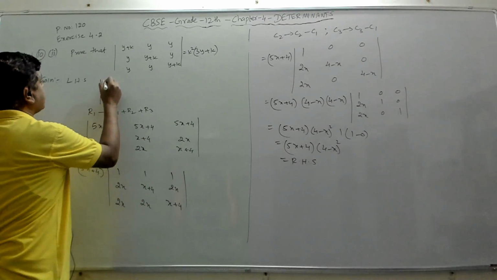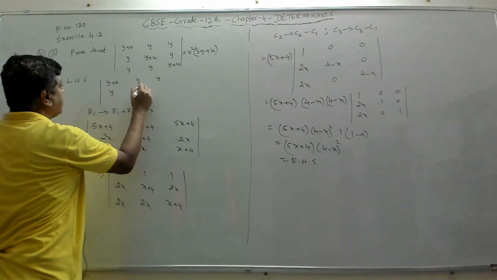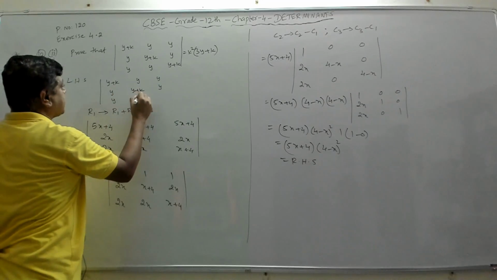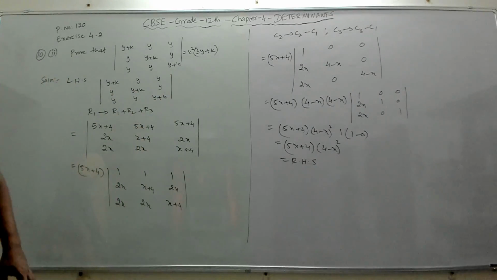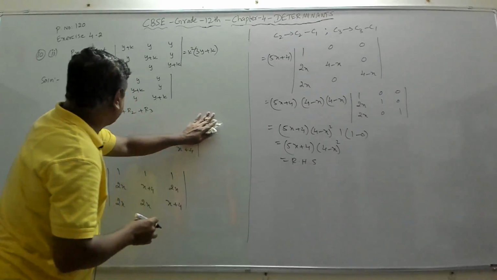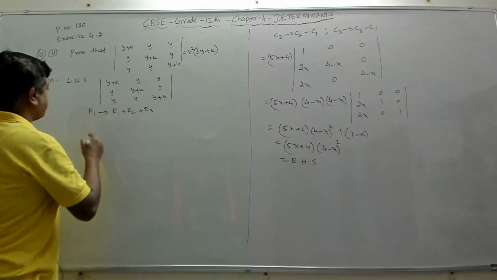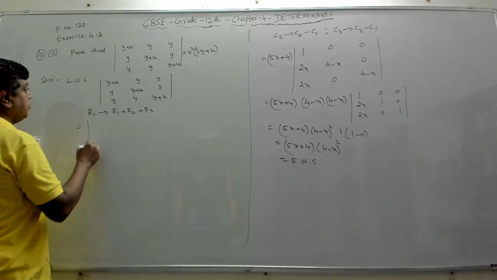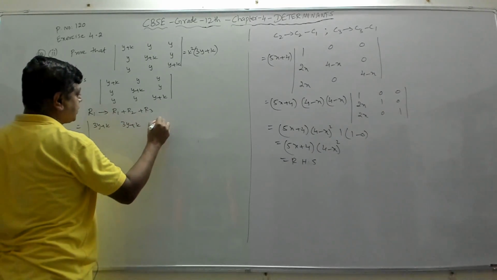So I am writing the LHS here, y plus k, y plus k, y plus k. Fine. Now if I apply the same operation, row 1 implies row 1 plus row 2 plus row 3, then the determinant becomes equal to 3y plus k, 3y plus k, 3y plus k.